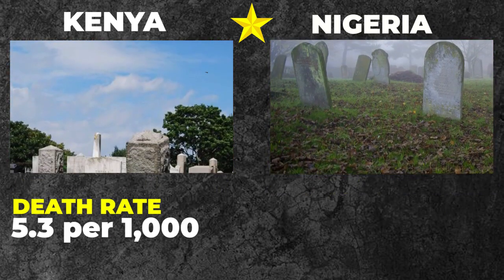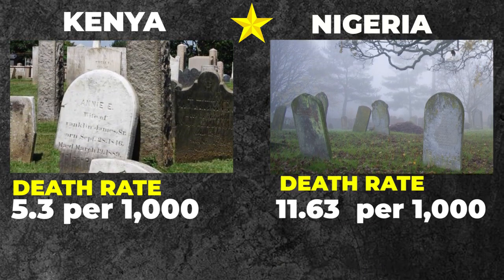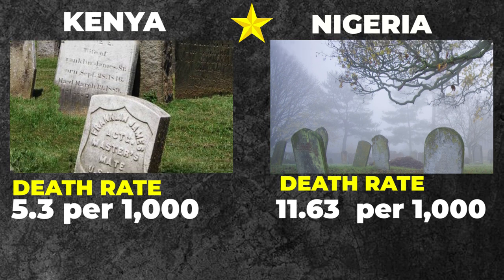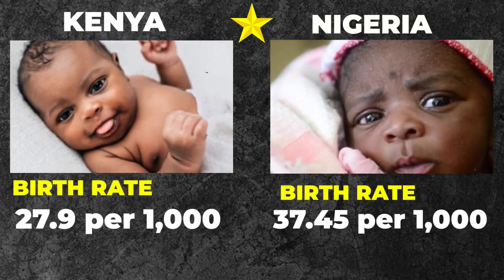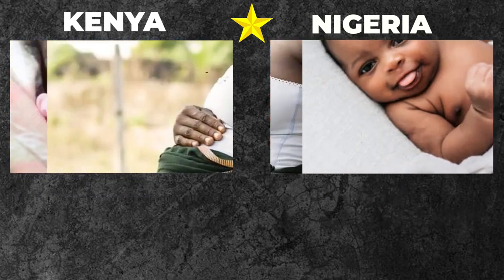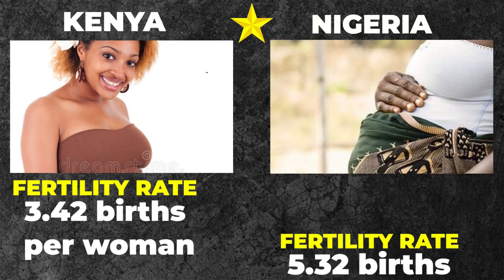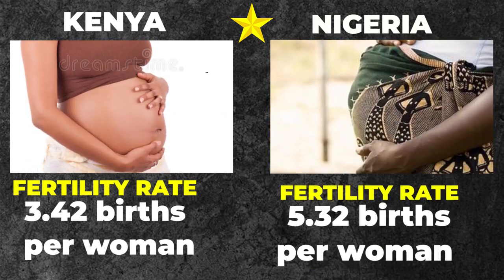The death rate, also called the crude death rate, represents the number of annual deaths per 1,000 people at mid-year. Looking at the birth rate, which is also known as a crude birth rate, refers to the annual number of births per 1,000 people. The fertility rate, which is the average number of children born to each woman, also accounts for birth rate.